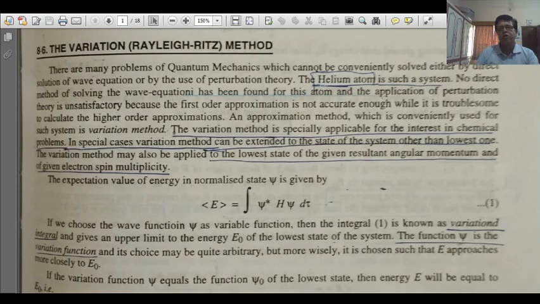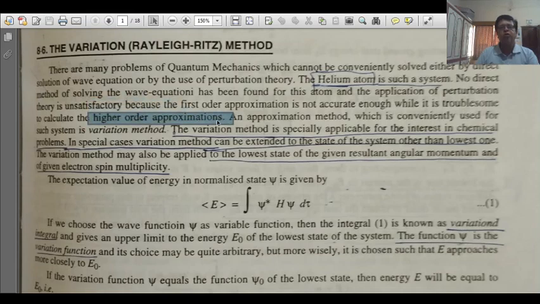If we try to solve the helium atom problem using perturbation theory, the first order approximation is not accurate enough, while it is troublesome to calculate the higher order approximations.